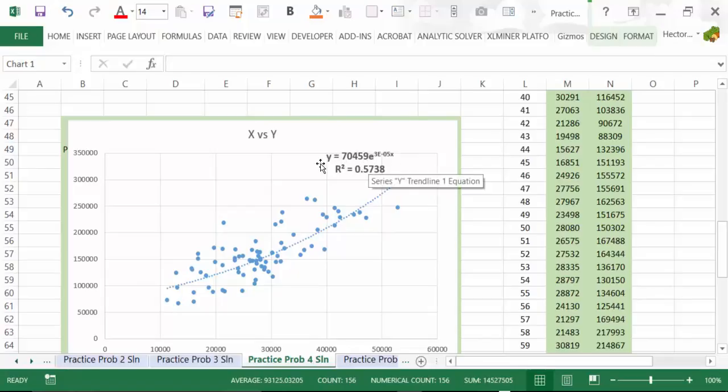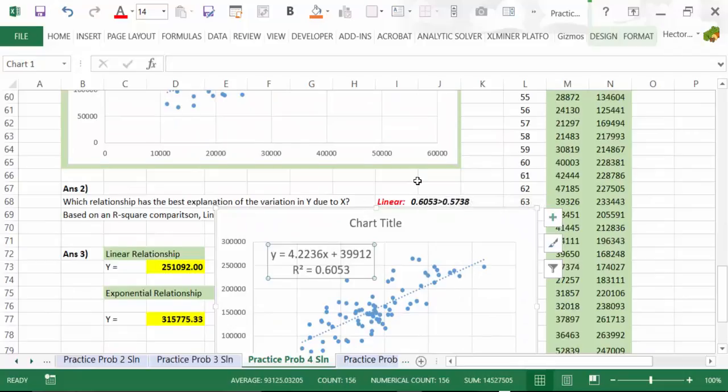And if we want to calculate y, we simply put in an x value for here, and we determine a y, and we can see that there's a slightly less robust relationship, correlation between coefficient of determination between x and y. So that's the first part of the problem.